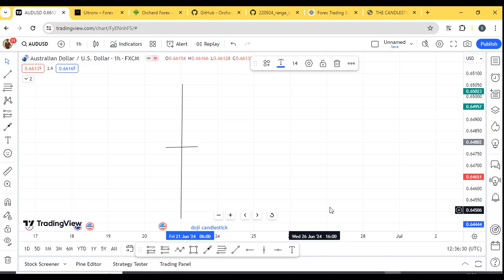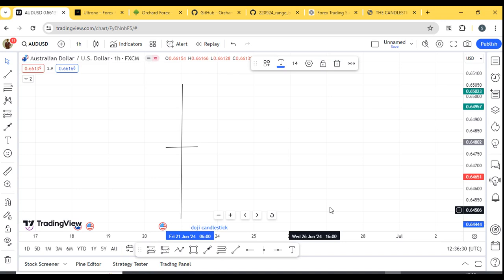Now we have another type of doji candlestick, but this time around we call this a dragonfly doji candlestick. We could call it a bullish or a bearish, whichever one, because you can never tell since it has no body in it.